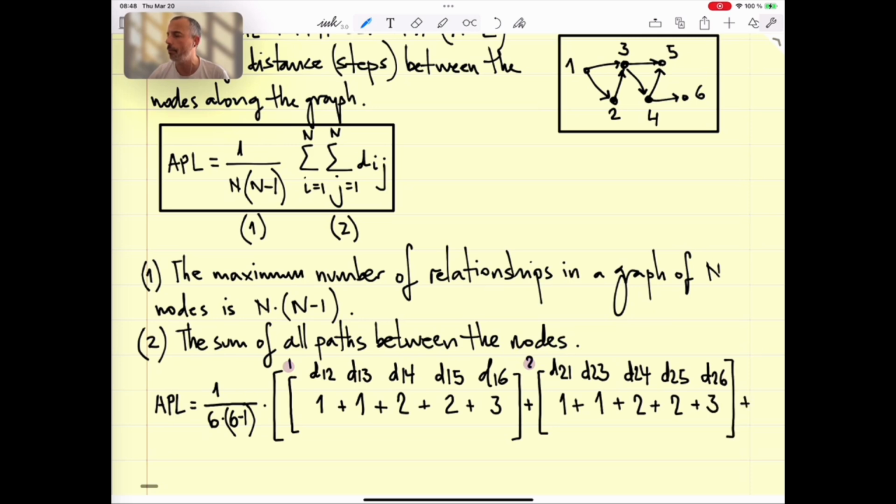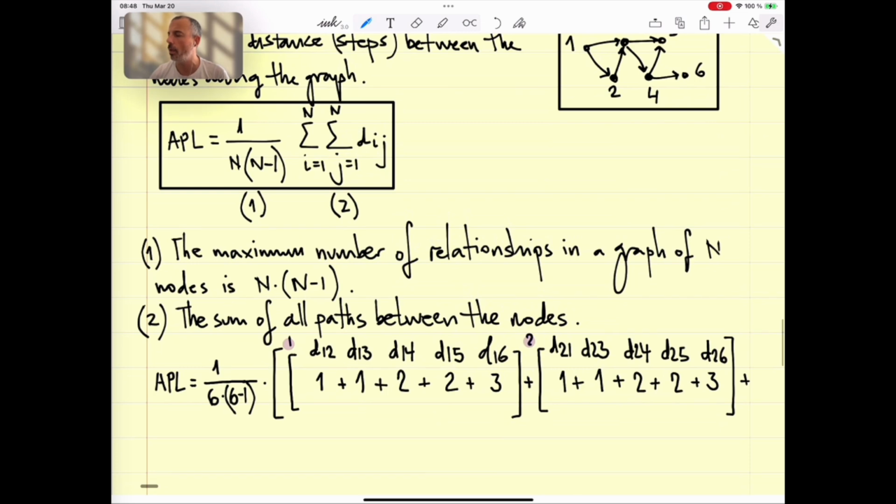Right? So for node number 3, distance between 3 and 1 is going to be 1.